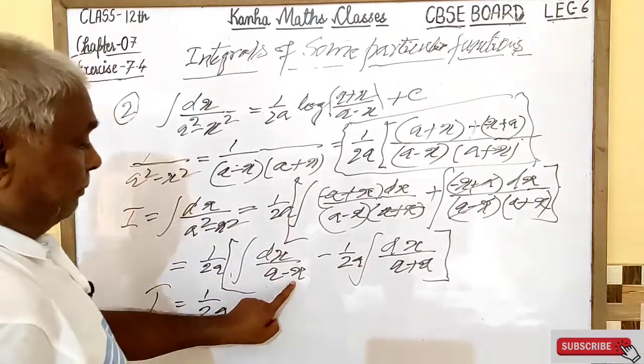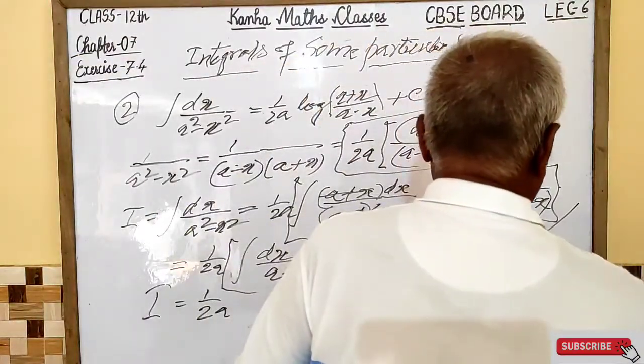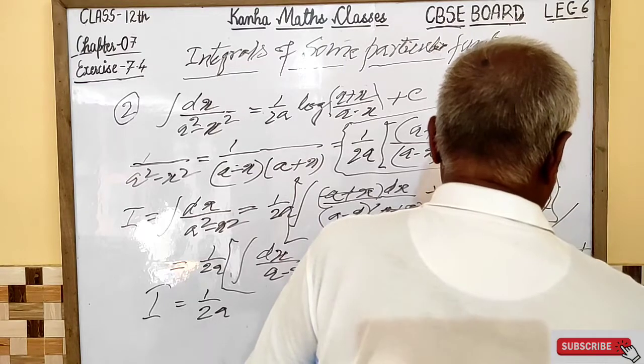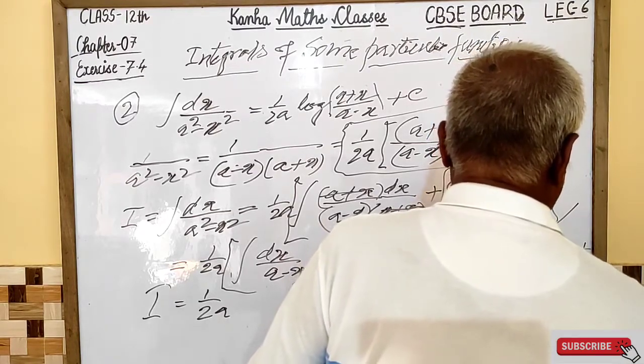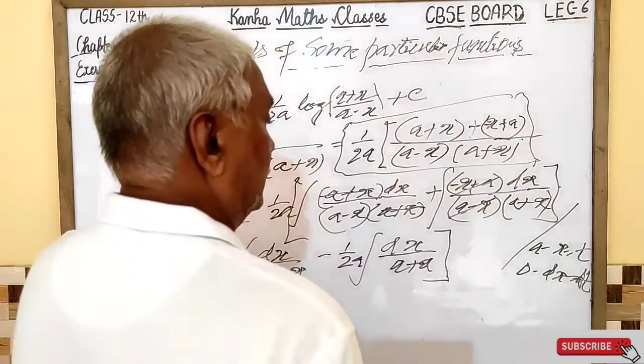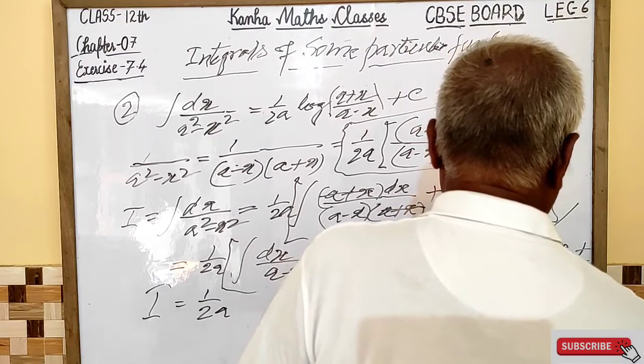If you put a minus x is equal to t, then 0 minus dx is equal to dt, which means dx is equal to minus dt.